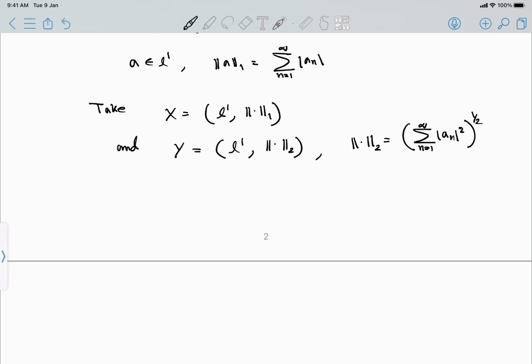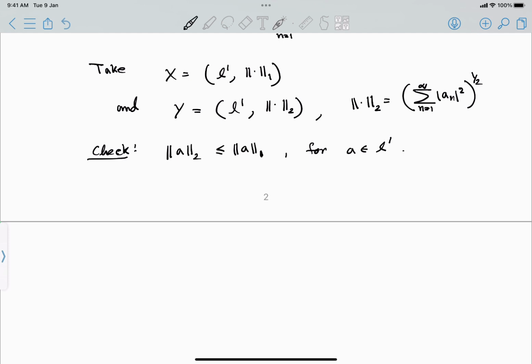As we have taken the sequence from L1 space, the L1 norm is finite, so the L2 norm is also finite. So this is well defined.